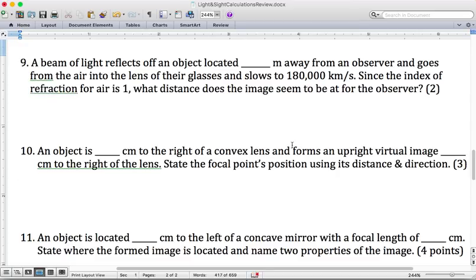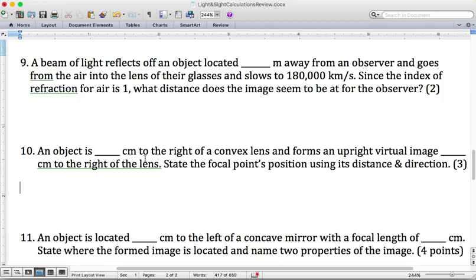But we're going to have to assign a number because it's virtual and upright. So let's draw our picture. We need to make sure that our object is closer to the lens than our focal length. Oh, we're solving for focal length. So I guess it doesn't really matter that much.